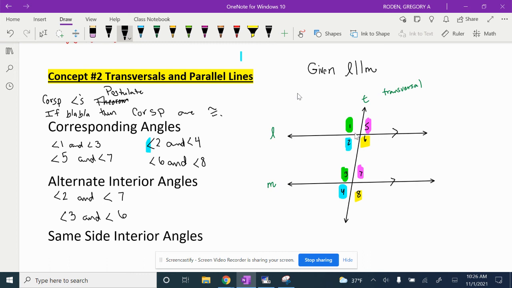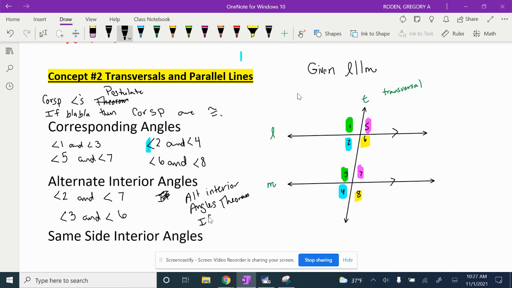Okay, so remember, it's kind of the Z deal. You guys remember the Z that we can make and the backward Z, right? So what do we know about the alternate interior angles theorem, Tanner? Very good. So this is the alternate interior angles theorem.